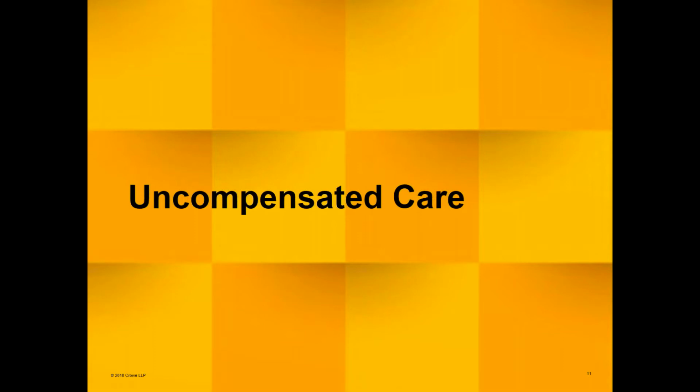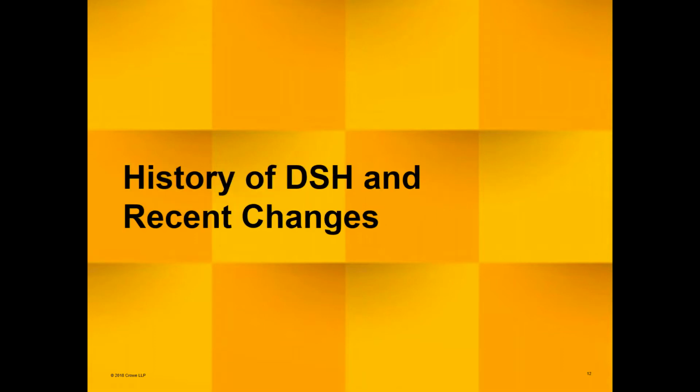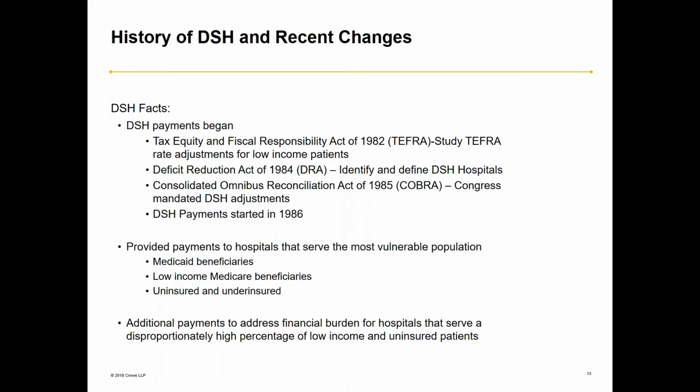We're going to talk a little bit about uncompensated care, and well, a lot about uncompensated care over the next hour. The first area that we're going to talk about is DSH, or disproportionate share payments. So these are payments to hospitals that serve a high population of vulnerable patients.